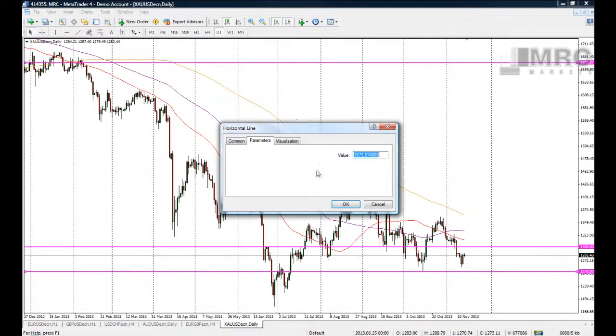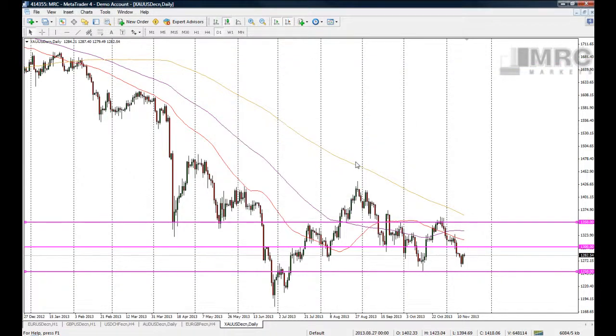So 1250, 1300, 1350 key levels here. If you look down here, a lovely bounce off of that 1250, rotated all the way up to the 1300, came back down, and also if you look to your left here, a lovely spike low off of this 1300 as well. So 1250, 1300, 1350, it is just chopping in between these ranges, to be fair.